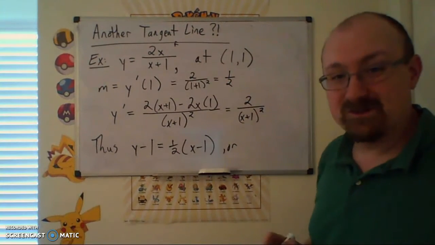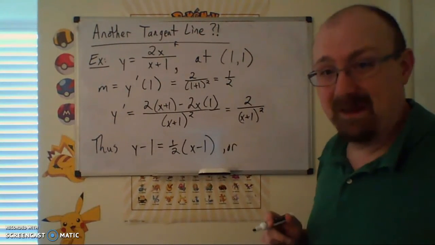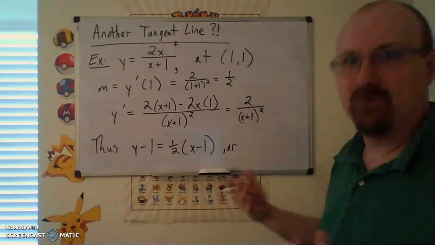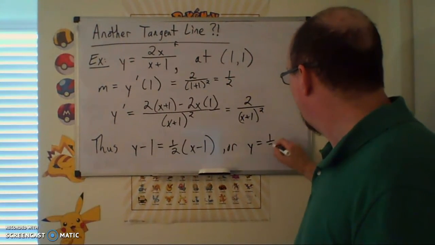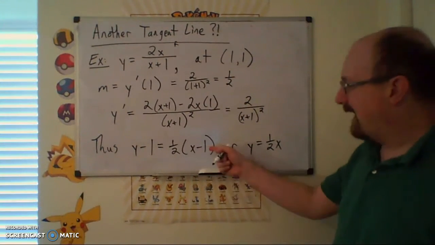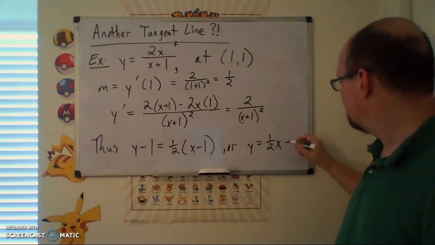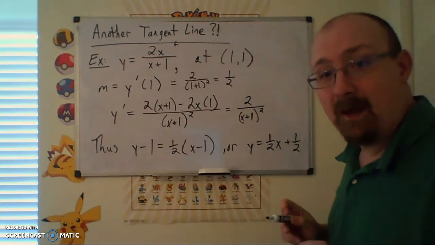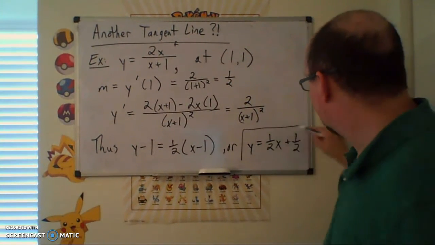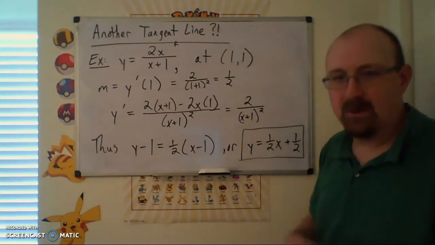You want that in slope-intercept form. I know WeBWorK is really big on making sure you've got y equals and then a blank for the thing in slope-intercept. We get 1/2 x minus 1/2 plus 1, which should be plus 1/2 right there. So that was what I got previously. So yay me. So there's my tangent line equation.